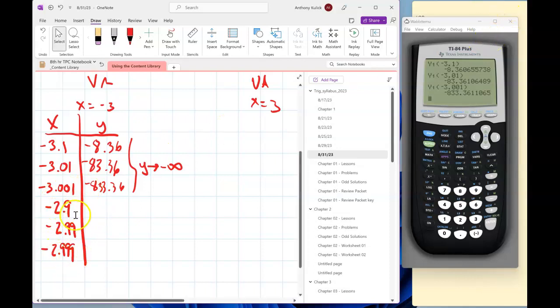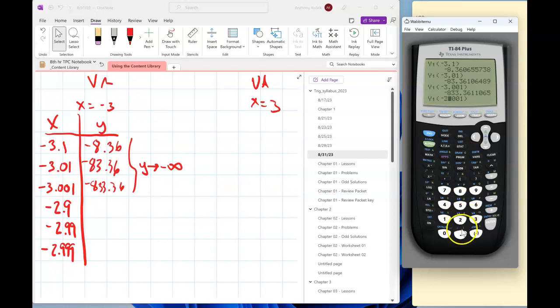Now I'm going to repeat that same process with the -2.9s. I'm just going to go back, recall this, and change that to -2.9, and do the same thing again. I usually do 3 at a time before I write anything down because I can get all 3 numbers on the screen at once on my calculator.